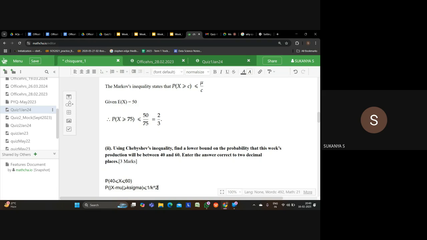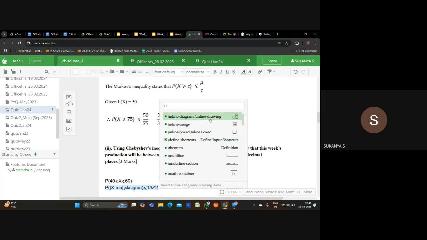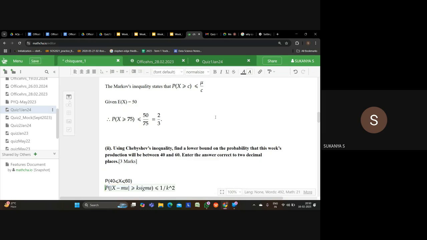So we need to make this particular formulation of probability into this form to apply the Chebyshev inequality, right? At least inside the probability sign, we want it in this form: x minus mu greater than or equal to k sigma, right? So how can you change it? What is the first step to be done?